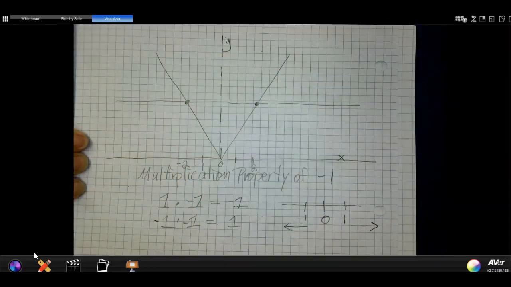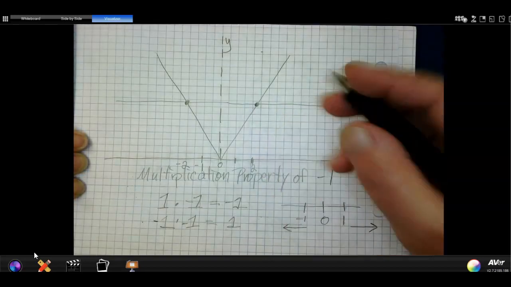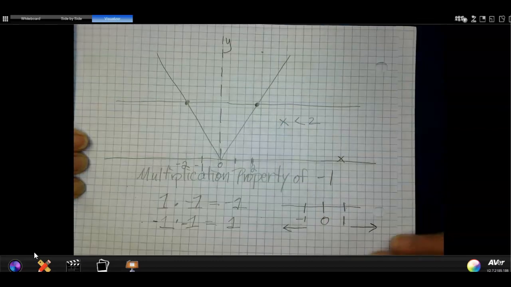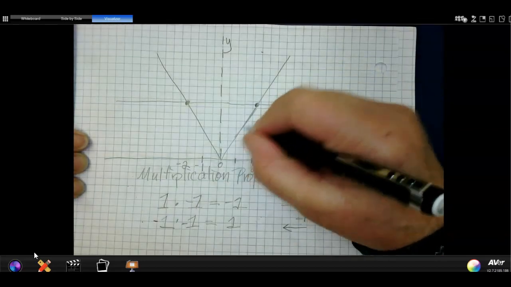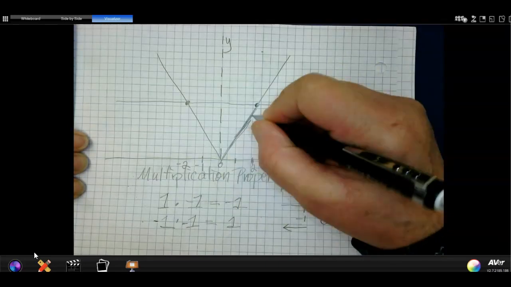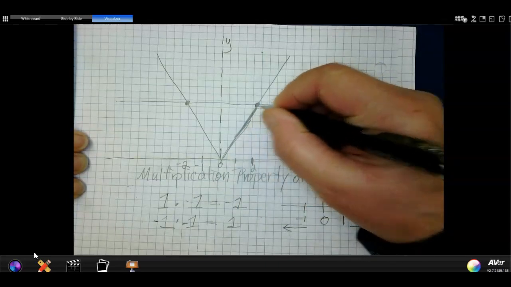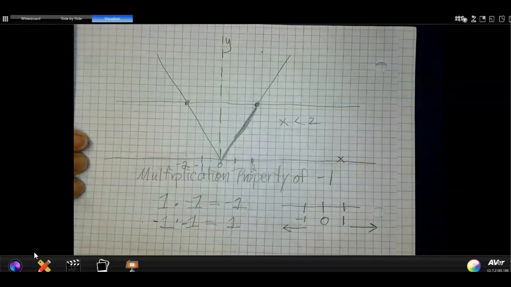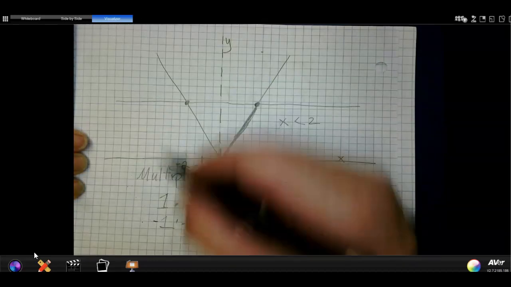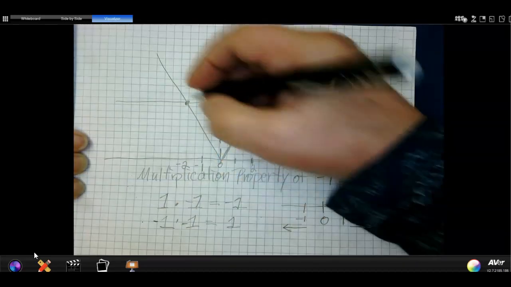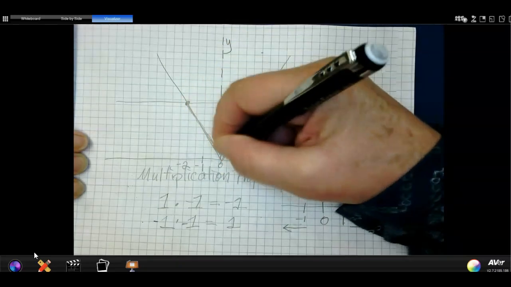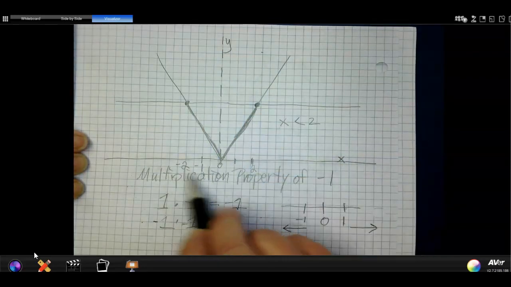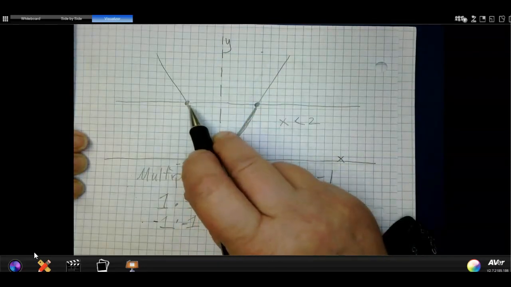Okay? So if I'm solving x is less than 2, I'm actually solving for this side of the number line, right? This is my solution, 2, and I want all my x's to be less than that. That means that all of these solutions also have to be less than, magnitude-wise, less than this solution.